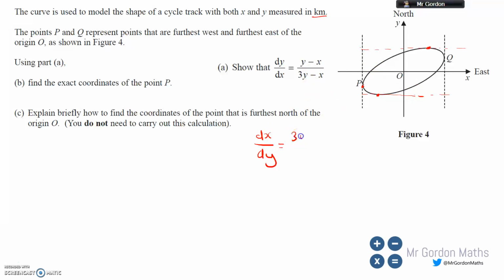So I'm going to have 3y minus x on the top and y minus x on the bottom. Now to find when the gradient is effectively going to be 0, now that I flip this round, you have to kind of imagine that the graph is flipped round as well. So in relation to the y-axis, I know the gradient is not 0 here, but if you were to swap them over, x and y, this would now be horizontal, if you see what I mean.